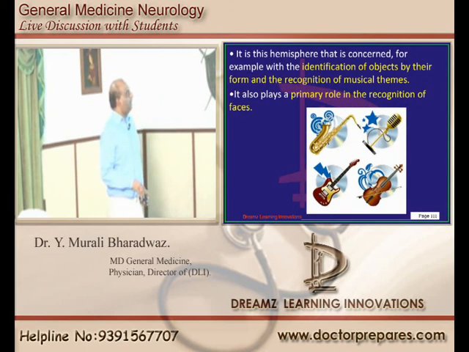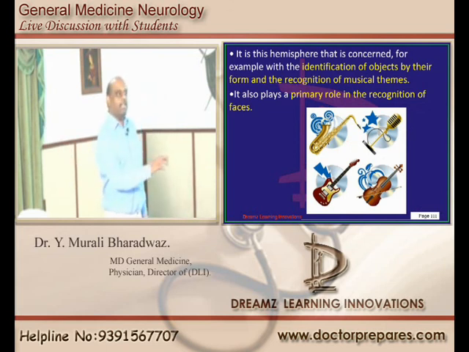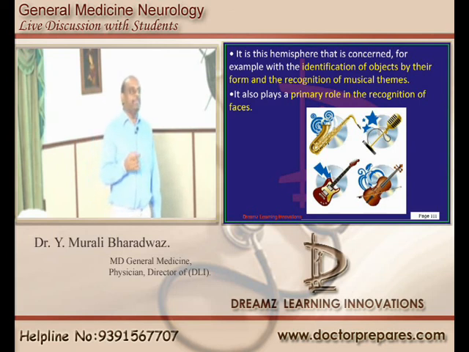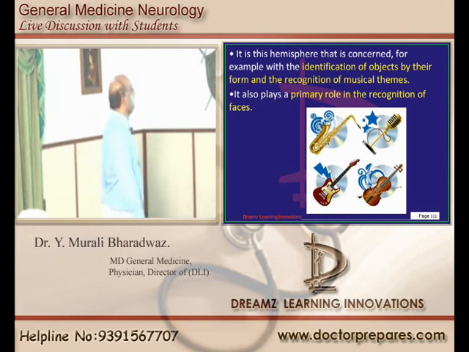Now one more important thing is, if you are given a musical theme, you identify what it is. Those who talk very well fail in that game, क्योंकि the musical theme is a function of the non-dominant hemisphere, whereas talking is a feature of the dominant hemisphere.